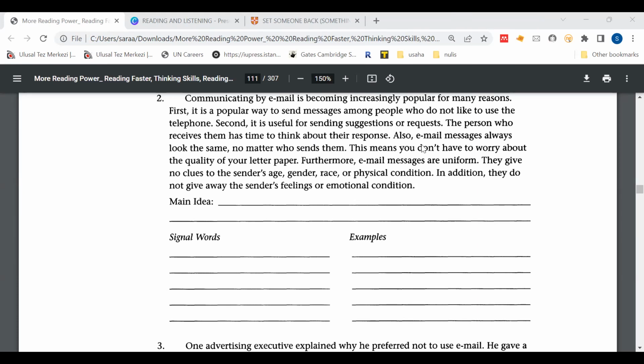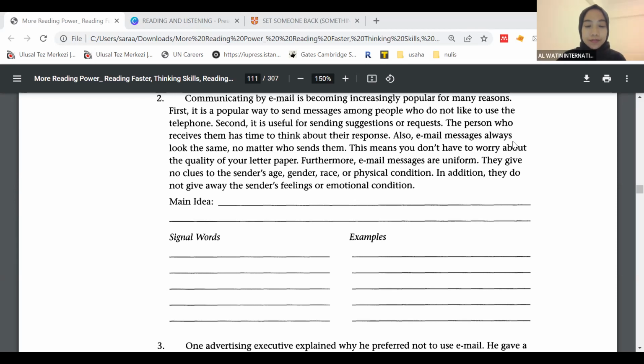Also, email messages always look the same, no matter who sends them. This means you don't have to worry about the quality of your letter paper.